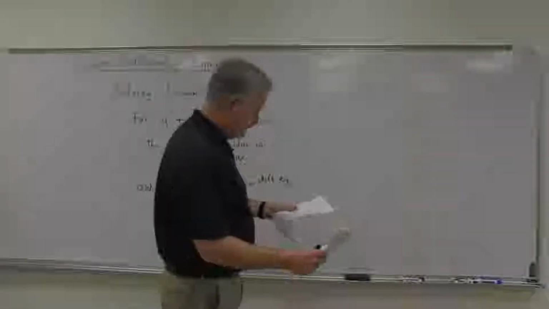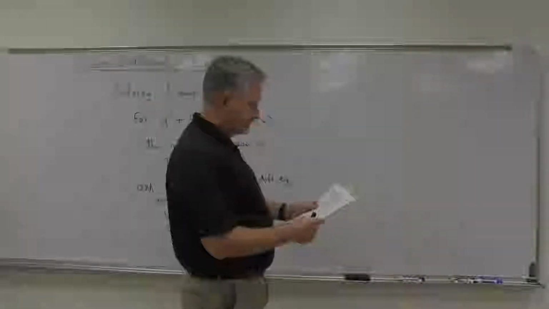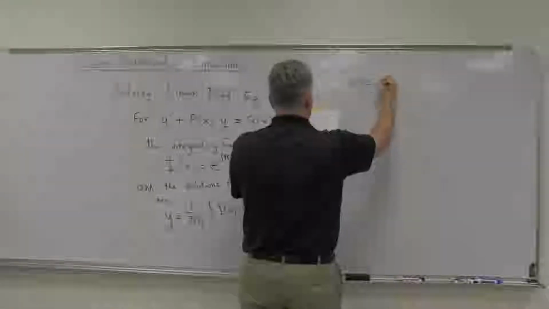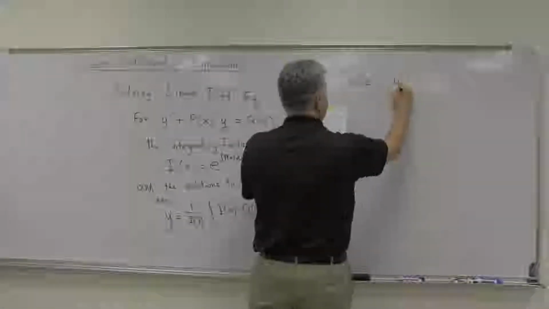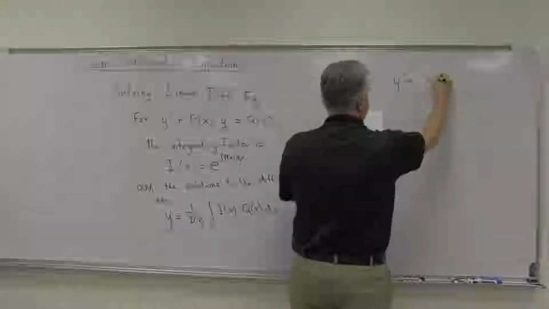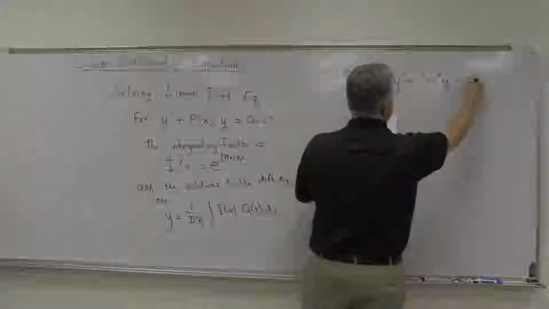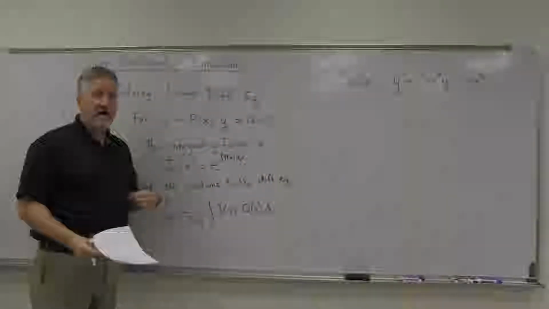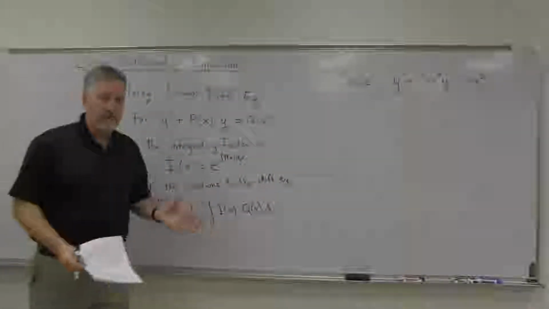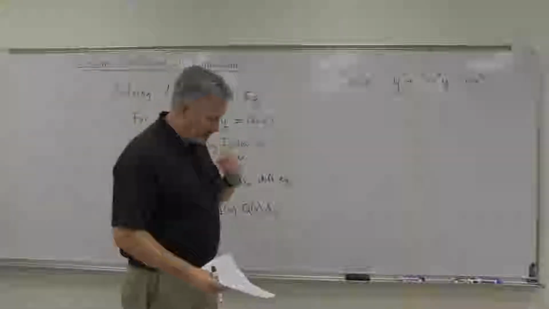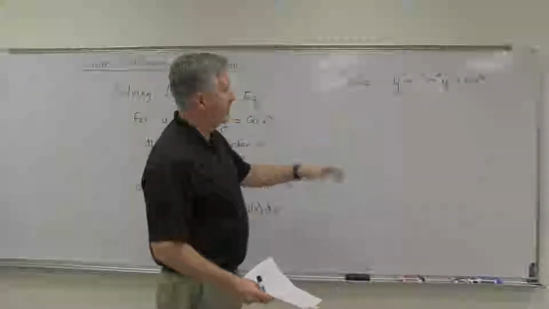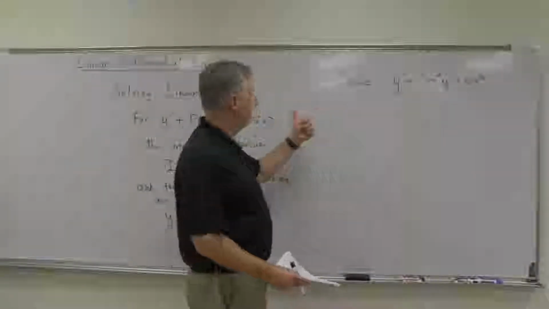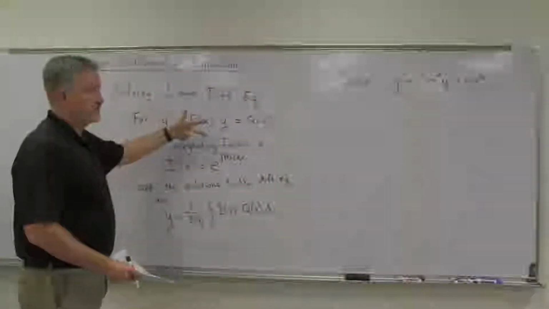so let's do one here. Let's solve y prime plus 3x squared y equals 6x squared. And I guess the first thing is to verify what we've got here. We know about separable equations. We're not going to be able to separate this one, but it is in the form of a linear differential equation, isn't it?